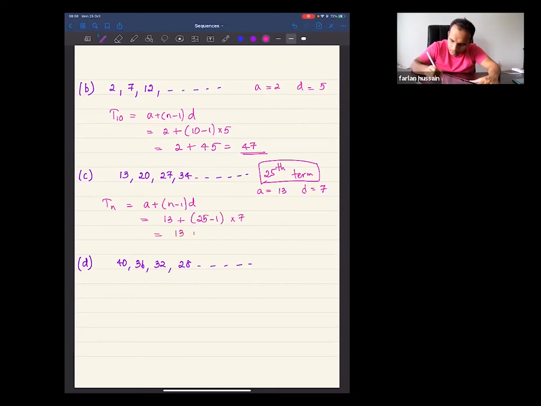That is 13 plus 24 into 7, that is 168. So 13 plus 168 is 181. So that is the 25th term. So guys, if it is an arithmetic sequence, and if you want to find any term, you can use this equation and find exactly that term without writing down all the terms in the sequence.